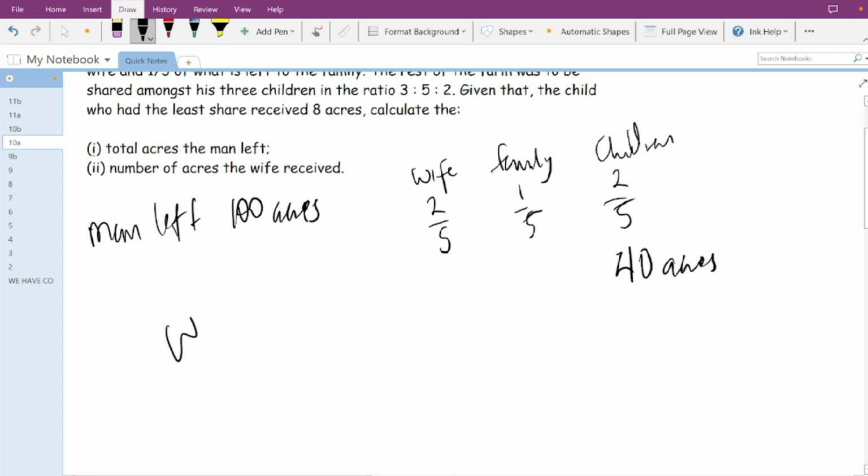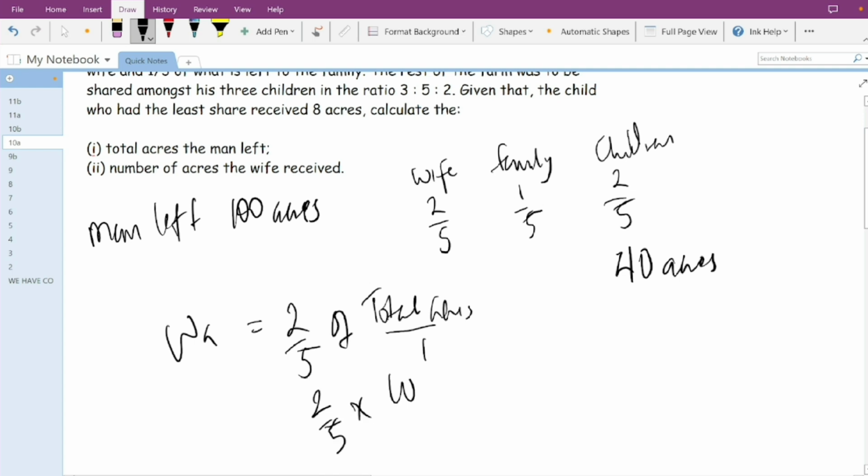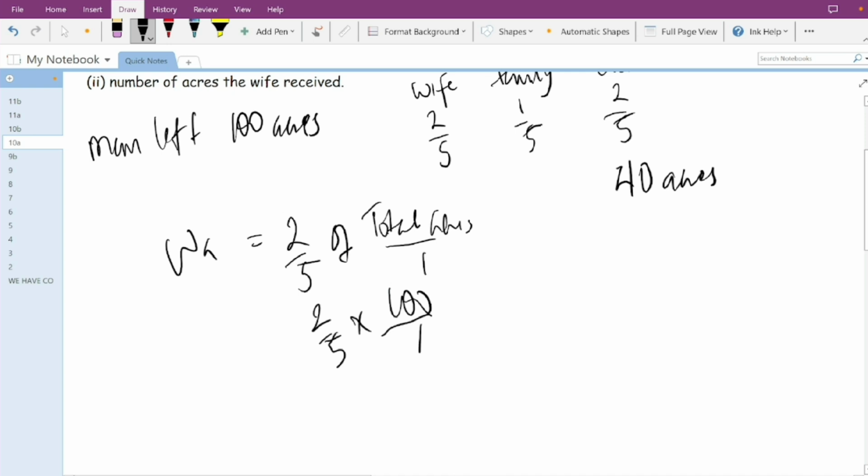So we can make the wife's acres AW, which would equal the fraction of what the wife got, 2/5, of the number of acres the man left. That's total acres the man left over 1. So we have that as 2/5 times 100. You can say this will be 100/1. 5 here 1, 5 here 20.